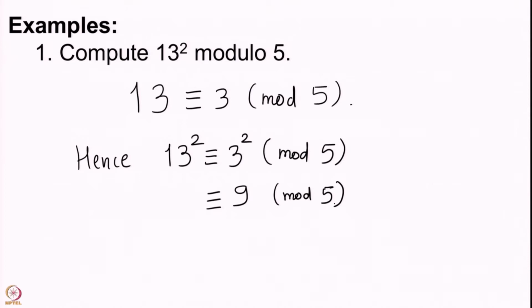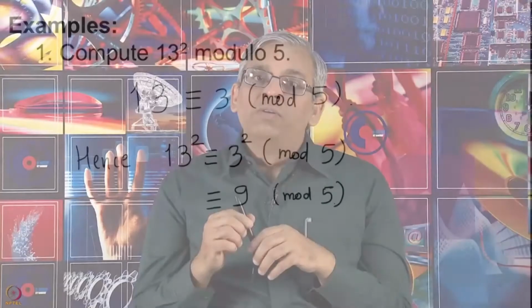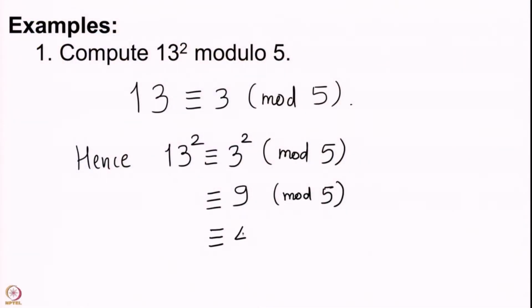So, you may say that the square of 13 modulo 5 is 9, that would also be okay. But since we are looking at the residue classes, we will look at elements which are between 0 and 5. So, we are going to look at only the 5 elements 0, 1, 2, 3, 4, and among these 5 elements 9 is congruent to 4 mod 5. So, our answer is 4.